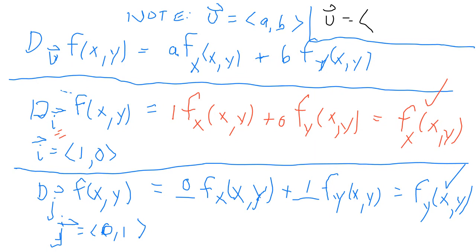Say you had 1 over the square root of 100, and then the square root of 99 over the square root of 100.